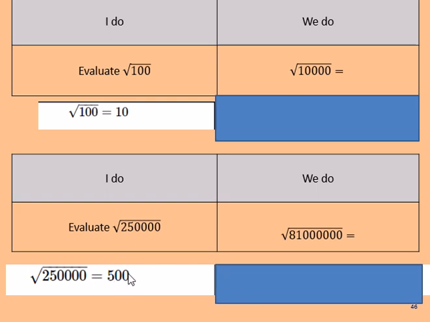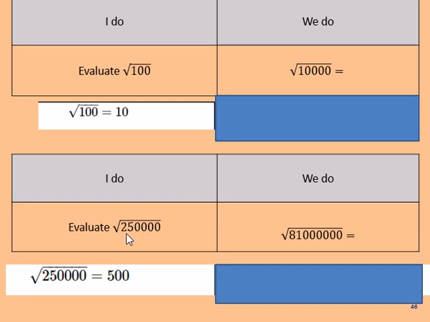Now we need to think how many zeros this is going to have. Well, this number has 1, 2, 3, 4 zeros. So I know my number is going to have half of that. If you cut them in half, it's going to have 2 zeros.